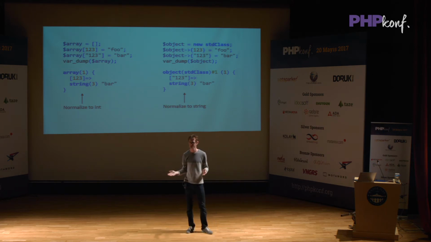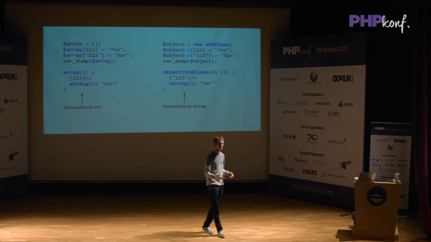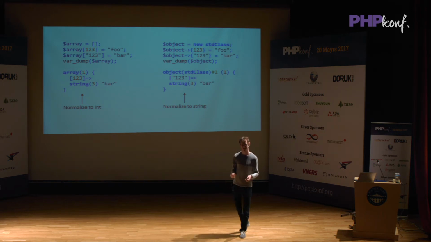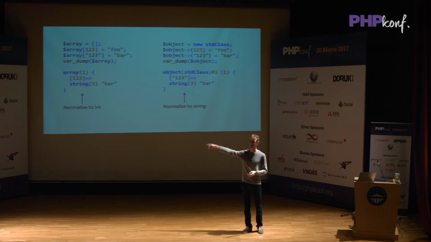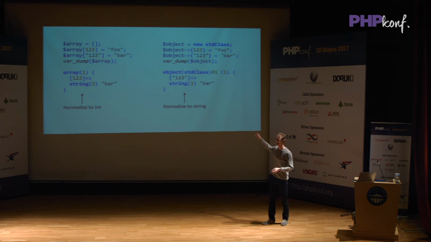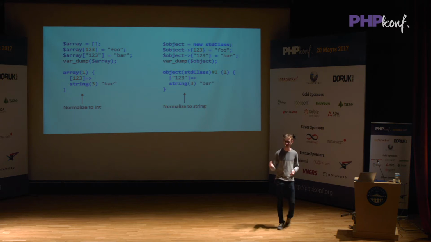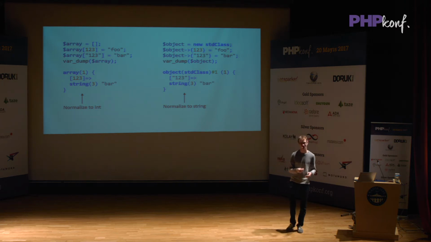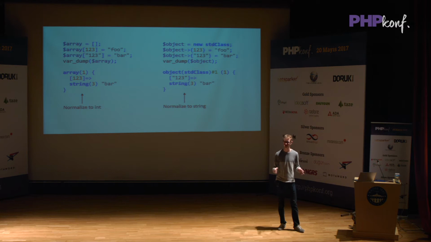I think it's probably the most common key type. And using strings generally is a lot less efficient than using integers. So that's why arrays normalize to integer. On the other hand, I have not actually ever used an integer key on an object. So this is an extremely rare edge case. So PHP does not want to handle it, so it uses strings instead. So we only have to handle a single type.